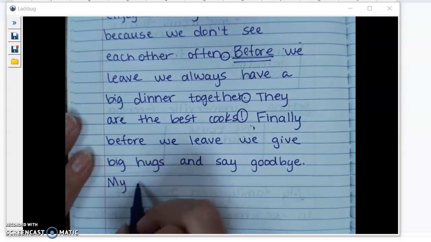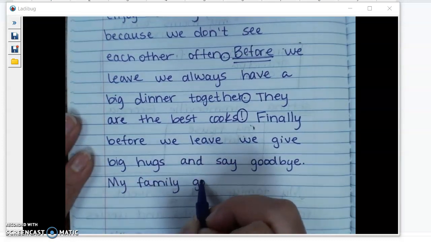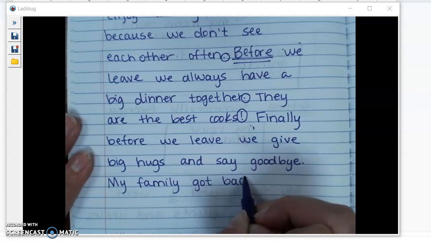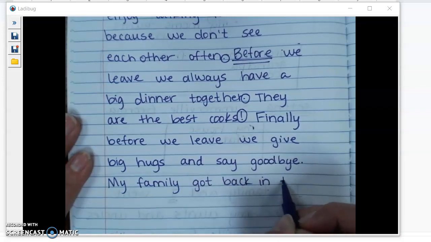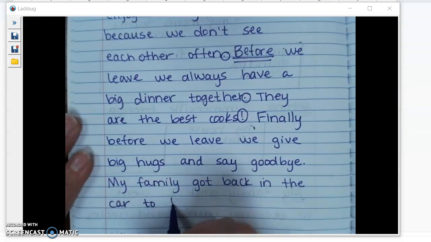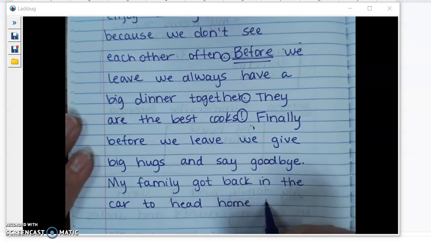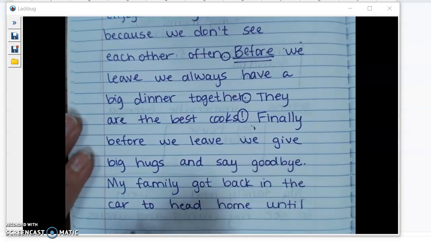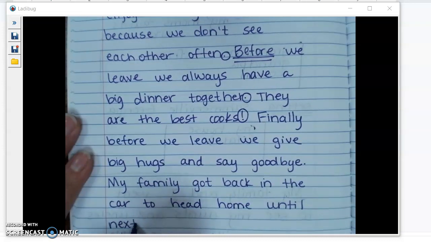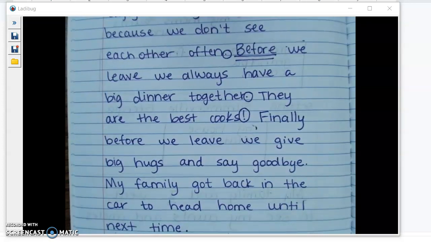My family got back in the car to head home until next time. Period. So now I have my whole beginning, middle, and end.